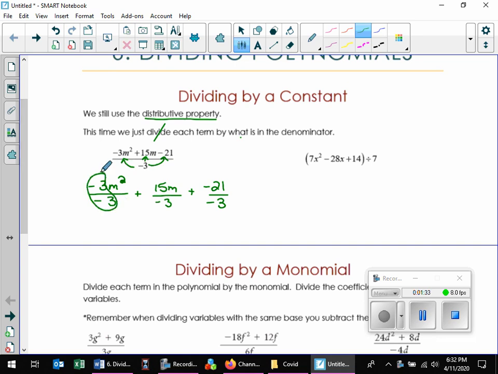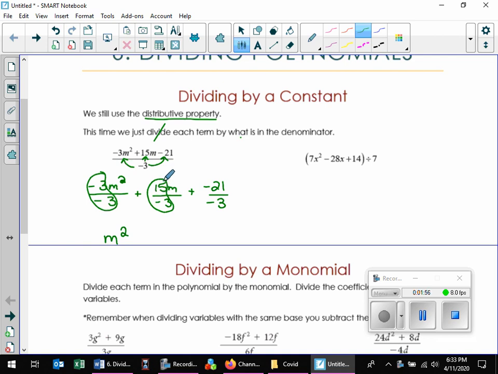So negative 3 divided by negative 3 is not 0. It's actually 1, but we're not going to put 1 because that's kind of a waste. So this just simplifies to 1m squared. Now we're looking at 15 divided by negative 3.